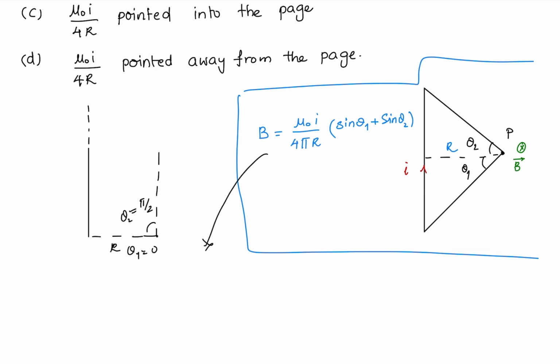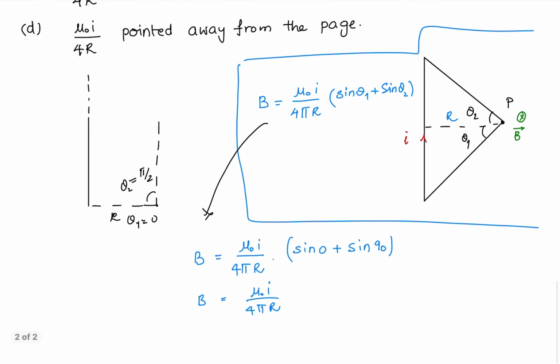Hence, using this relation, the magnetic field is mu naught I by 4 pi R into (sine 0 plus sine 90 degrees), which gives the magnetic field equal to mu naught I by 4 pi R. So this is the case for wires where one end is of finite length and the other end is of infinite length.